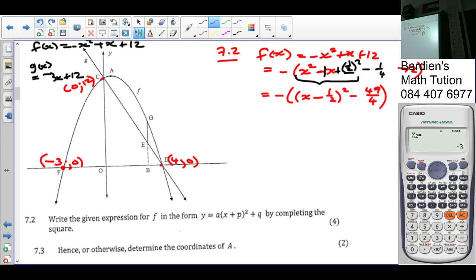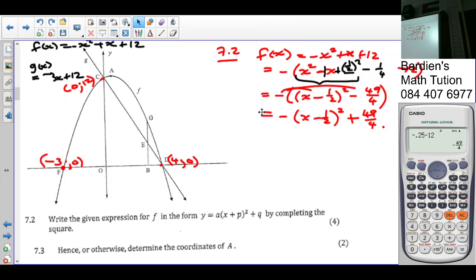Not so? Let's check here, I might be wrong. Negative a quarter minus 12. Yes, correct. So we multiply the negative in, so it's going to be negative into x minus a half squared plus 49 over 4. And we have completed the square. Okay.